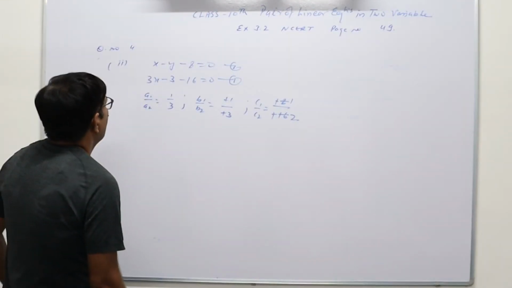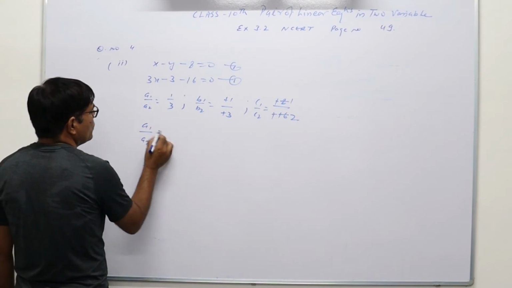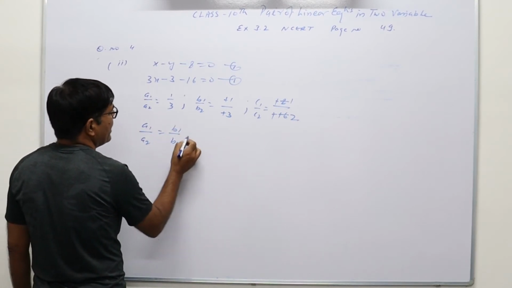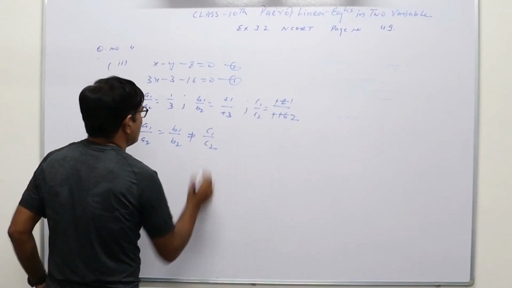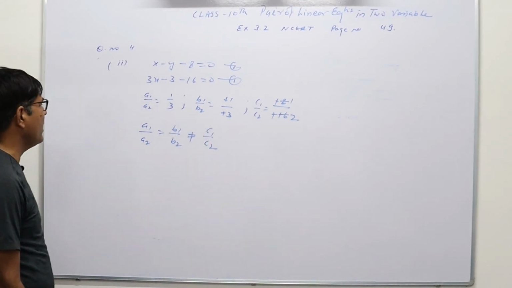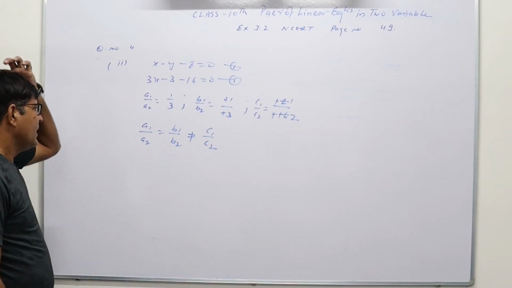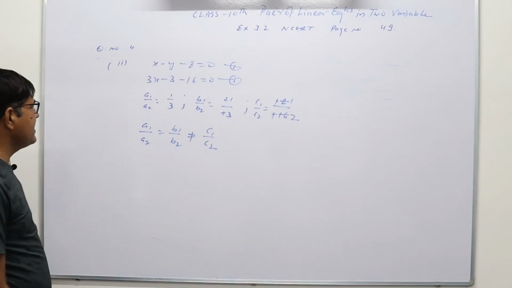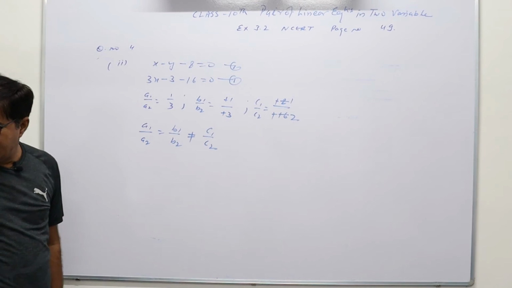So here a1 upon a2 is equal to b1 upon b2 not equal to c1 upon c2. So if a1 upon a2 is equal to b1 upon b2 not equal to c1 upon c2, then the system will be inconsistent and graphically the lines will be parallel to each other.